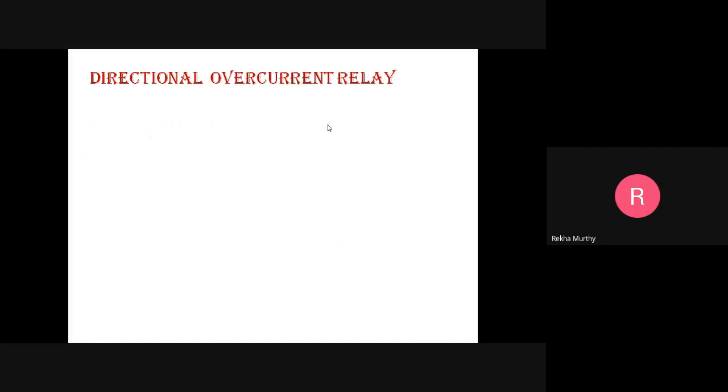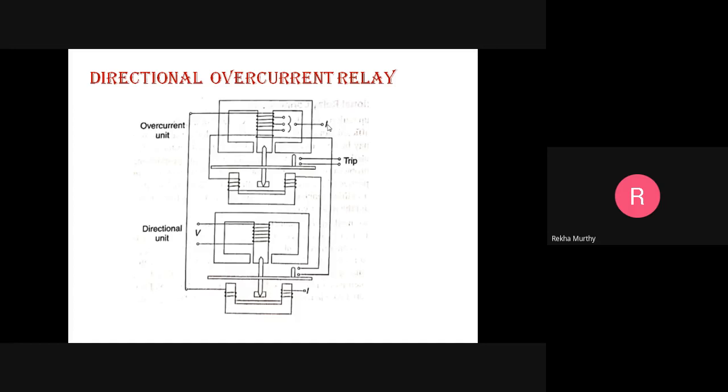Next, coming to the directional overcurrent relay. The directional overcurrent relay mainly operates whenever the current exceeds a specified value in a specified direction. It contains two relaying units, which you can see here. One is the overcurrent unit and the other is the directional unit.